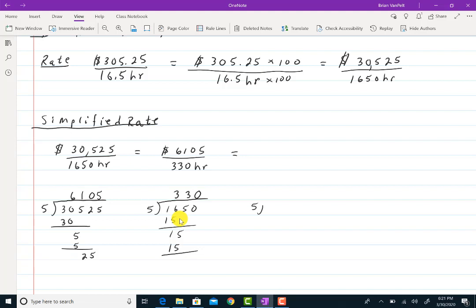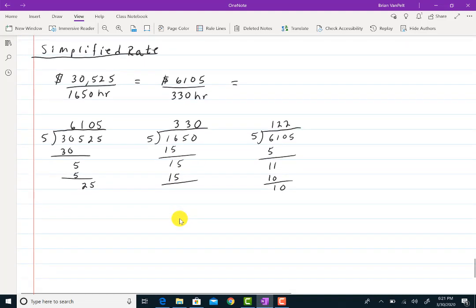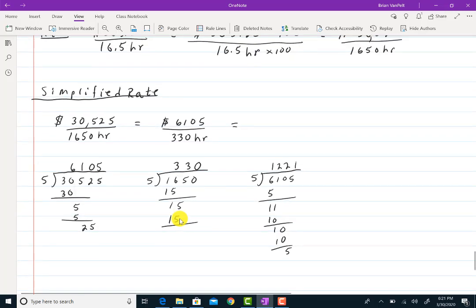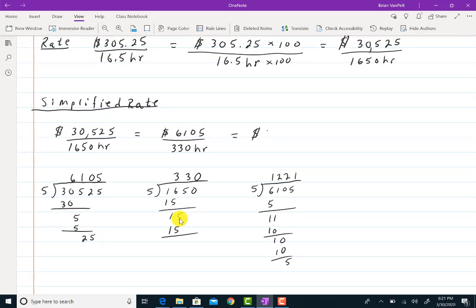So let me go 5 into 6105. 5 goes into 6 once. 5 goes into 11 twice. 5 goes into 10 twice. Bring down the 5, and 5 goes into 5 one time. So it looks like we have 1221 divided by, now 5 goes into 330 66 times.